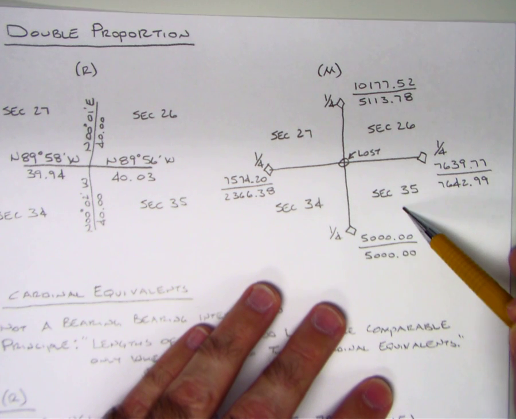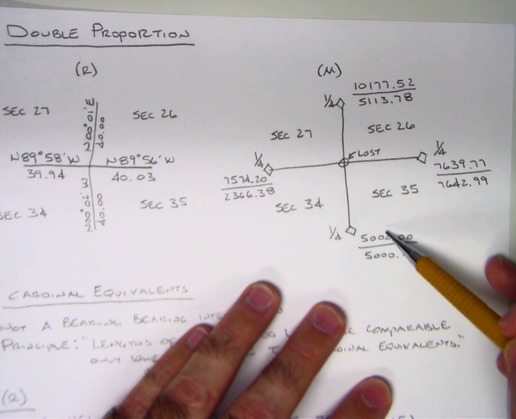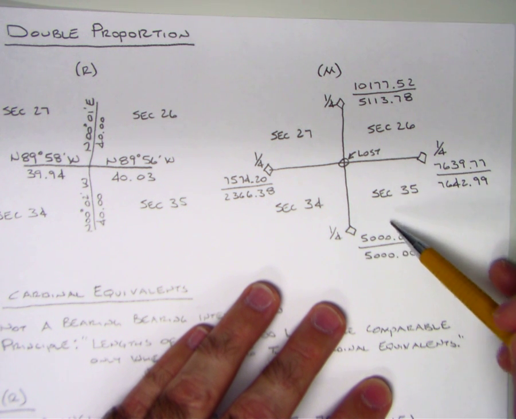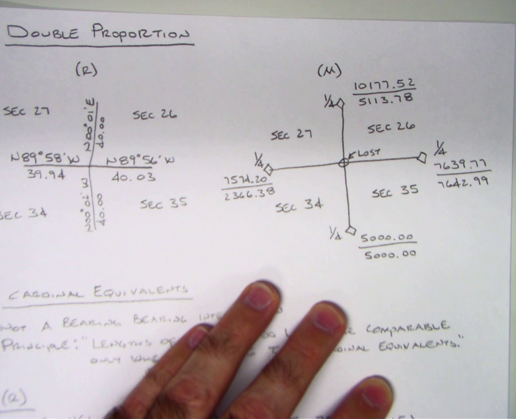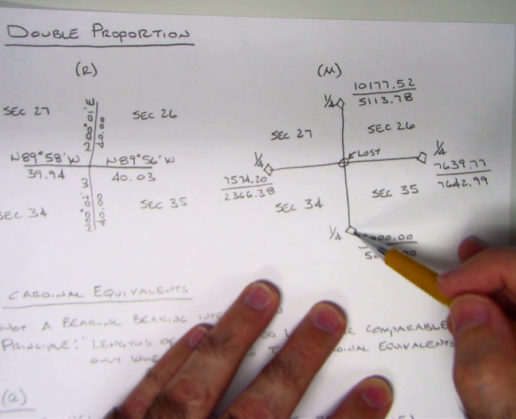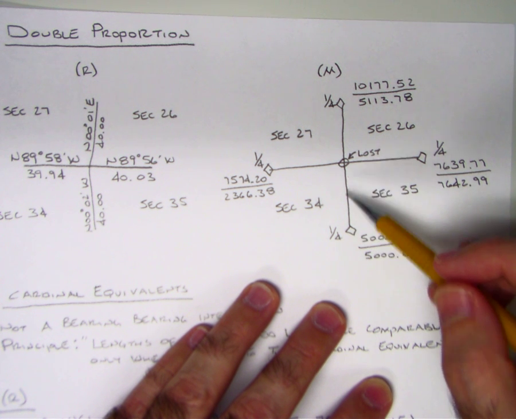And over here we have the field measured coordinates. And I do want to take a moment to mention that these are ground distances with an astronomic basis of bearings. If you're working in state plane coordinates, you cannot use the grid azimuths and the grid distances.